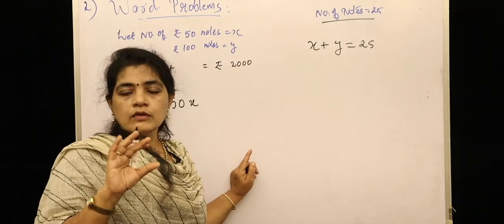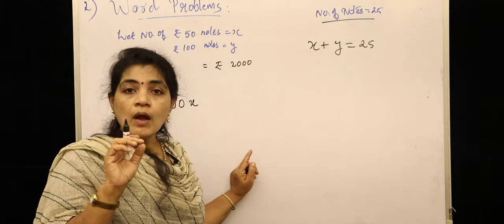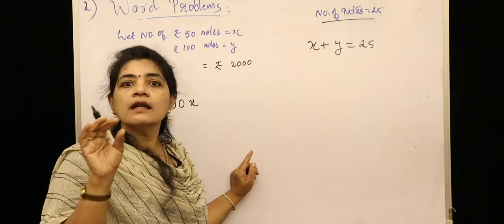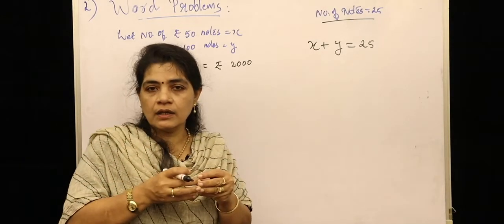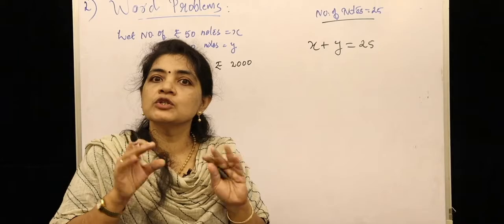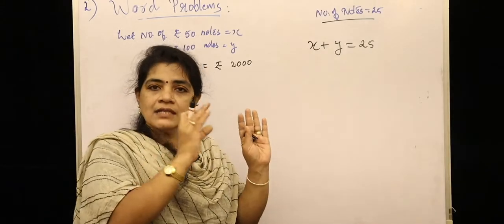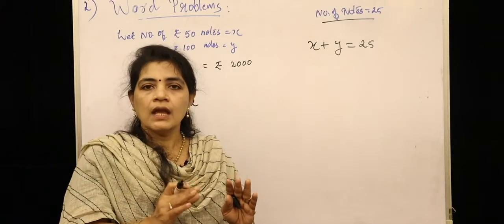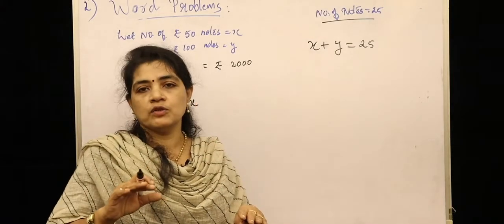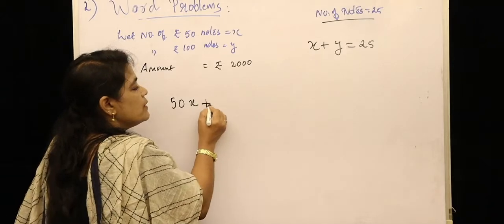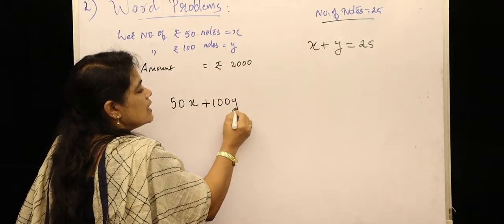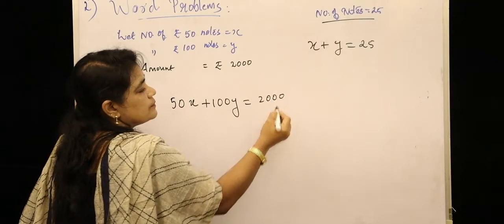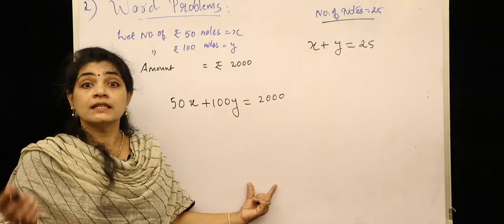So the amount from y number of 100 rupees notes is 100y. Together these make rupees 2,000. That is 50x plus 100y equal to rupees 2,000.